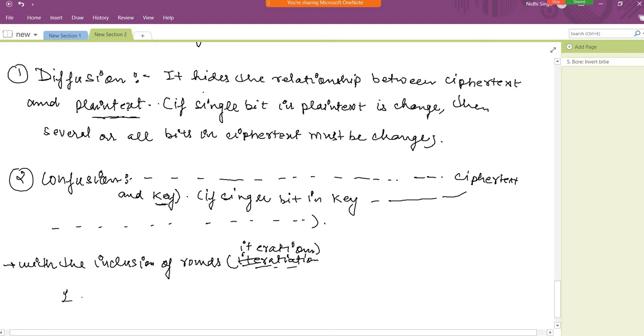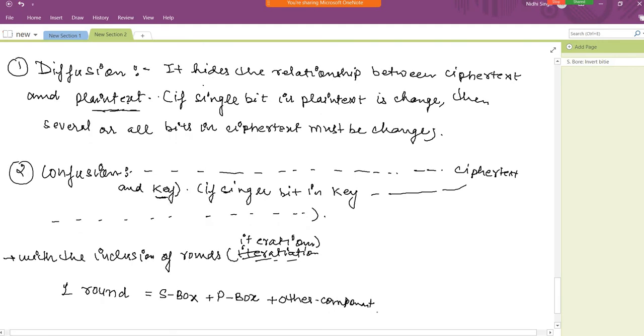So basically in the product cipher, one round, means one iteration, is made up of S box plus P box, means permutation, and other components like swapping, XOR, split and combine, and other things.